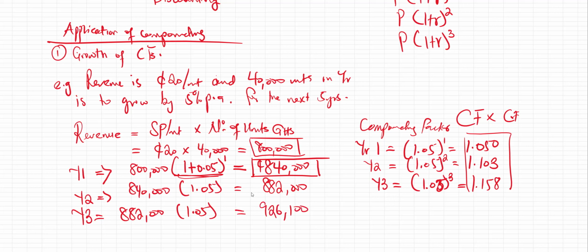It's the same as taking this and multiplying by 800,000. It should give us the same figures that we see here. You understand? So you are taking the cash flow and multiplying by a factor, or some people call it the multiplier.